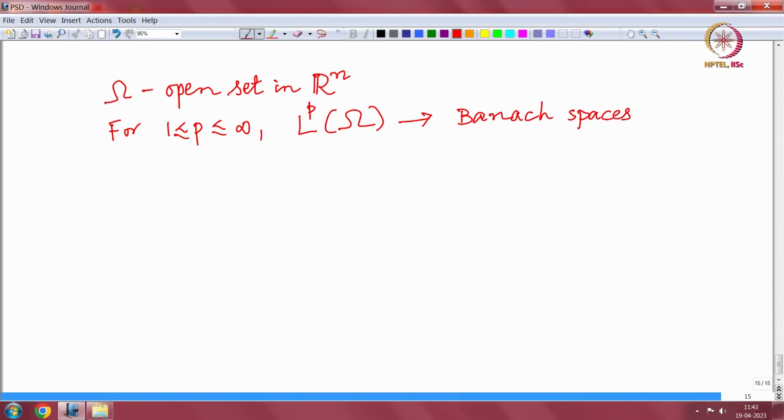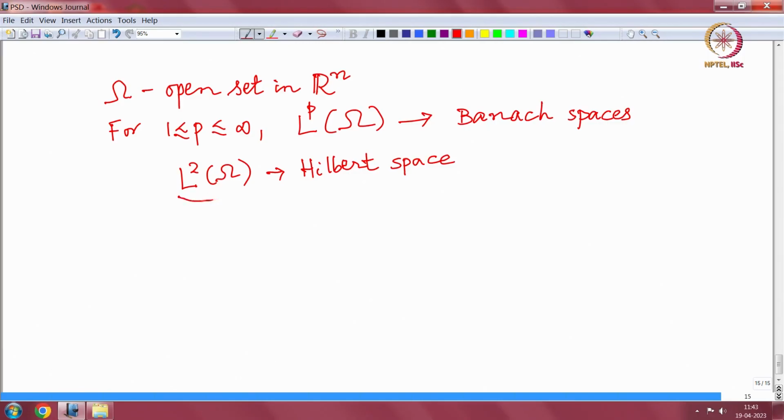In particular, this L2, the case p equal to 2, is the only Hilbert space. For p not equal to 2, LP is not a Hilbert space. Only this L2 omega is a Hilbert space.